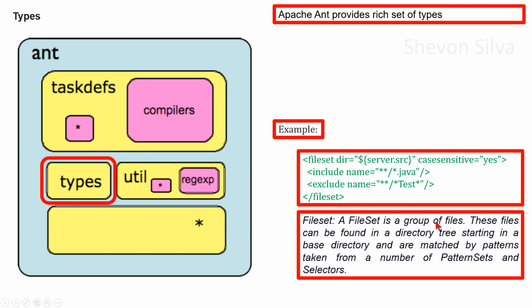Here you can see a dir attribute, the root of the directory tree of this fileset, and casesensitive: must include and exclude patterns be treated in a case sensitive way.